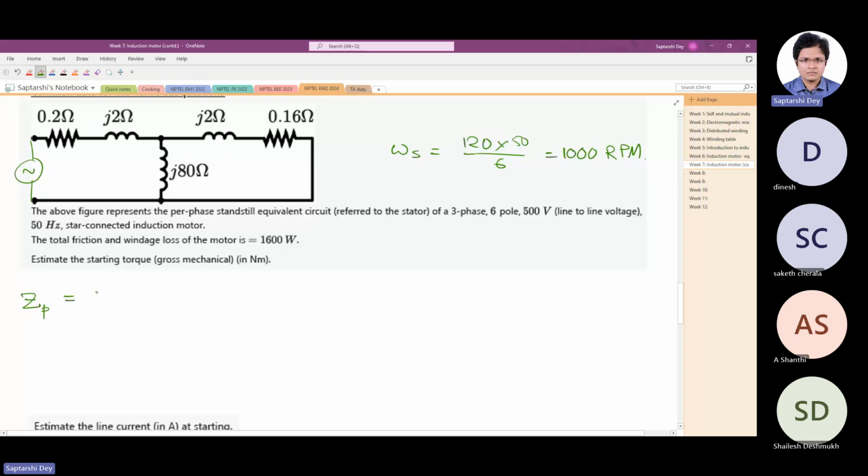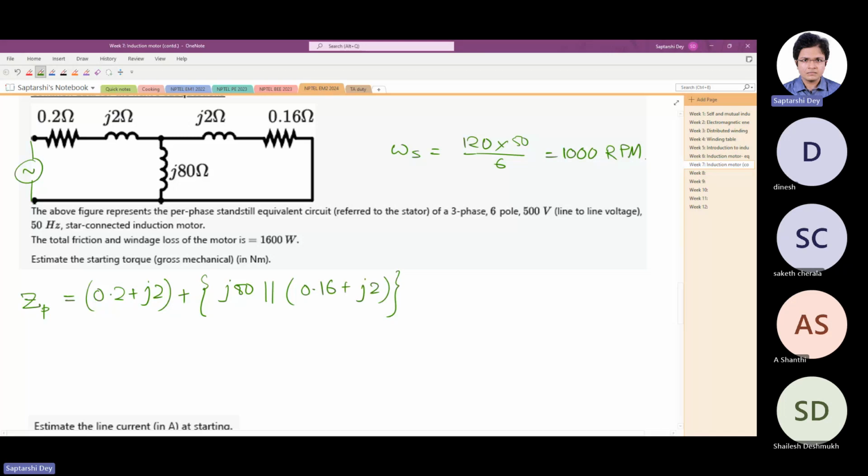So that is this in series with J80 in parallel with this.